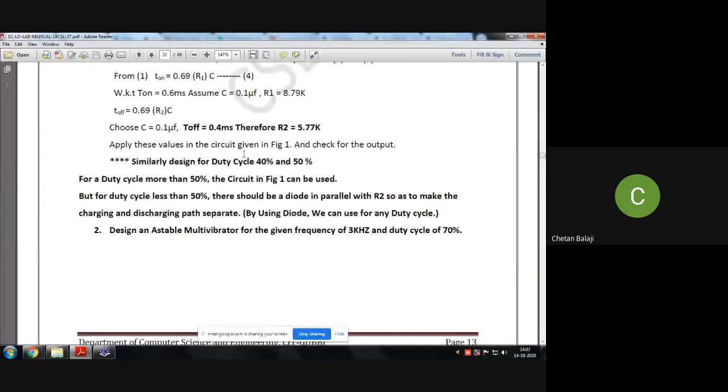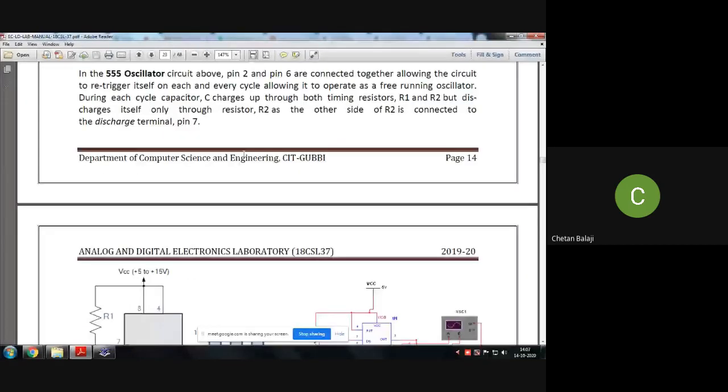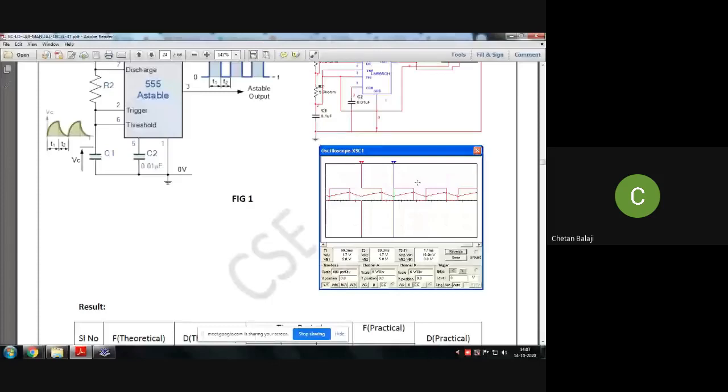Look here, you can see a waveform. It is neither at 0 nor at 1. It keeps on changing its state from 1 to 0, 0 to 1. If it is at the top, it is logic high, 1. If it is at the bottom, it is logic 0.